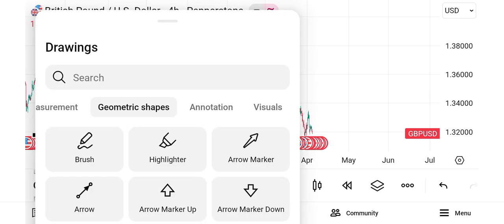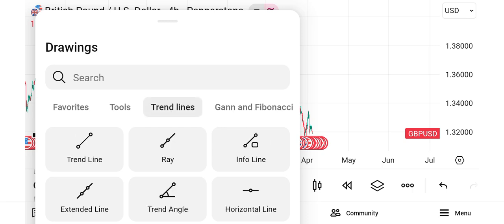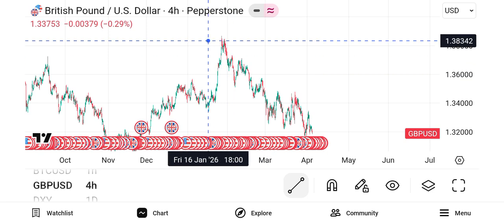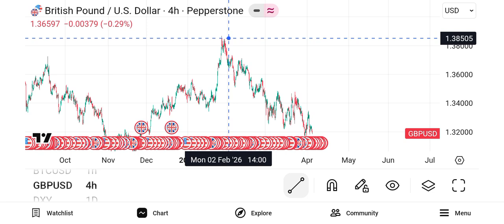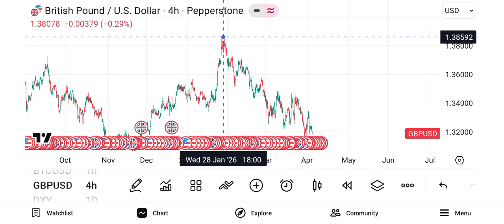So here's what you do. Go to your trend lines and draw. I remember I said a trend line must have at least two touches.